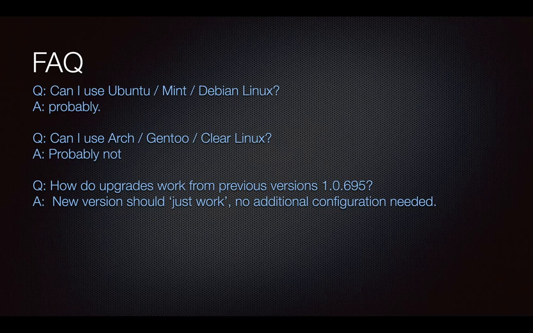All right. So upgrading from previous versions, you should be able to just drop this into place and it will work. You shouldn't need to go through any conversions or migrations or anything like that. If you've got the old graphical installation manager, you should be able to add a new one and just continue like you did before. At some point, the old installation manager will be deprecated and discontinued.